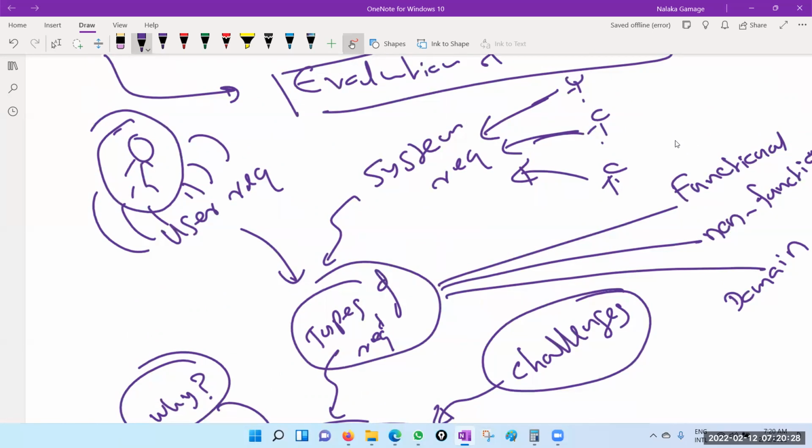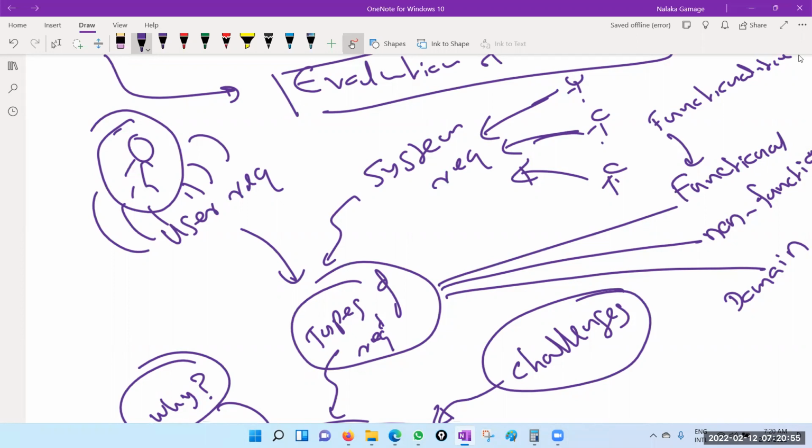So functional requirements means the expected functionalities. We should be able to create order, cancel order, make payments, dispatch. So those are the functionalities we expect.